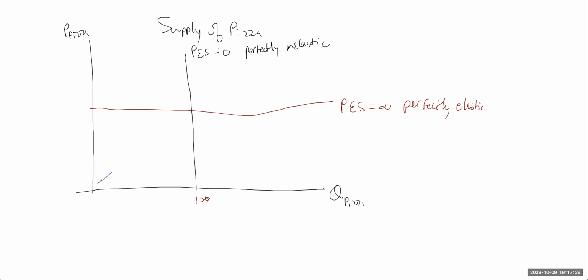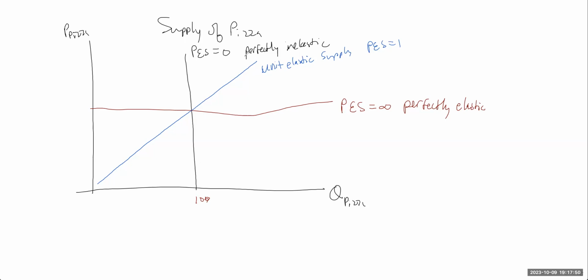Now the next three are not always true, just like demand. This is unit elastic supply. Price elasticity of supply is equal to 1.